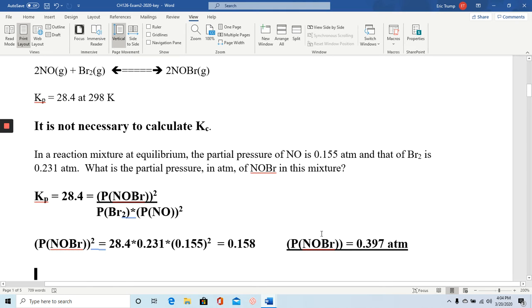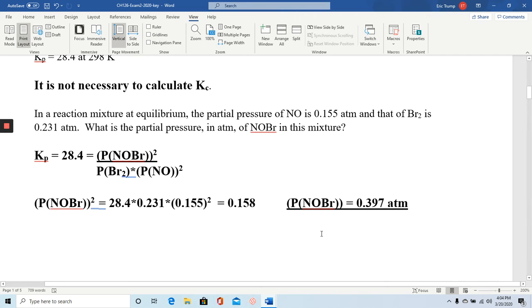Okay, for number 3, the question is to calculate the partial pressure of NOBr in this mixture. Okay, so Kp is given, and it is equal to the partial pressure of NOBr squared divided by the partial pressure of bromine times the partial pressure of NO squared.